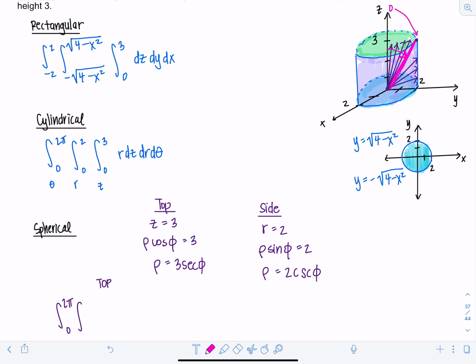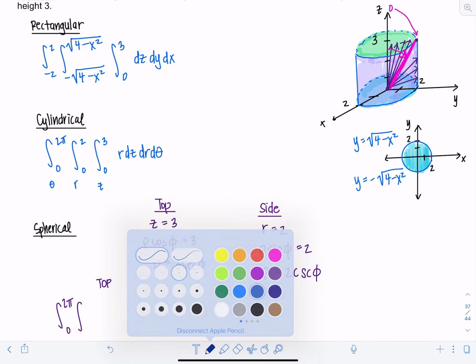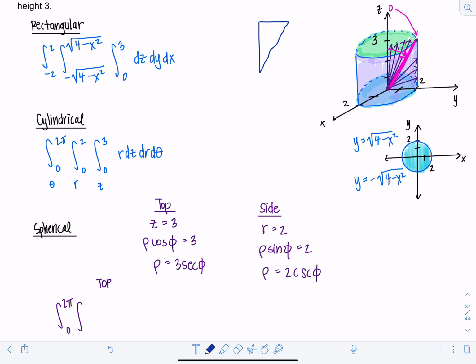Can I figure out wherever that is? Of course I can. We've got this snazzy little right triangle, don't we? The radius is 2, the height is 3, and here is phi, which means tangent of phi would equal 2/3.